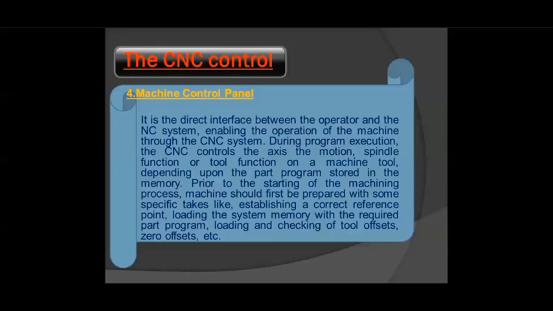Prior to the starting of the machining process, the machine should first be prepared with some specific tasks like establishing a correct reference point, loading the system memory with the required part program, loading and checking of tool offsets, zero offset, etc.